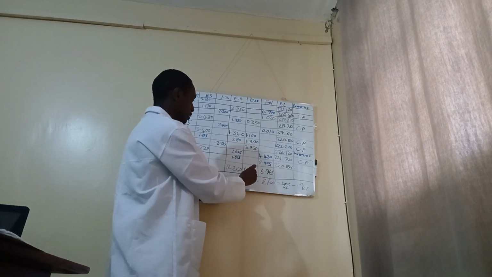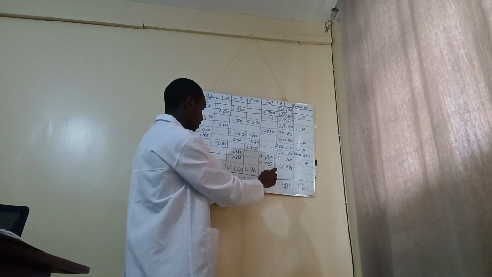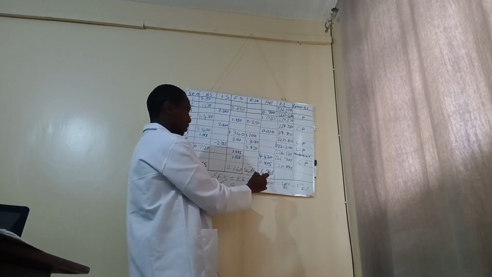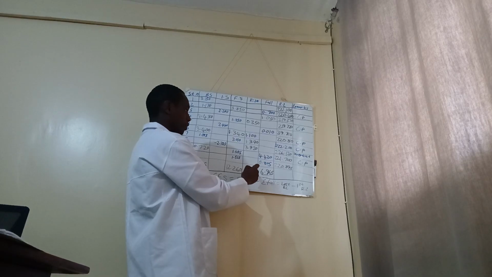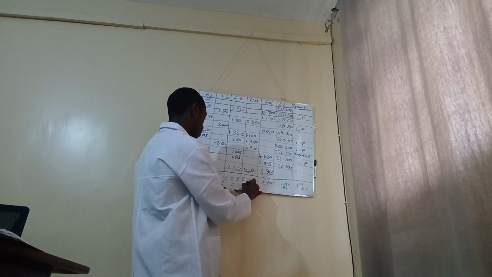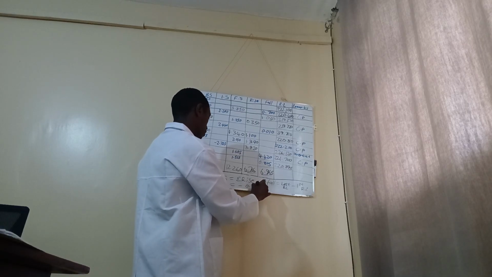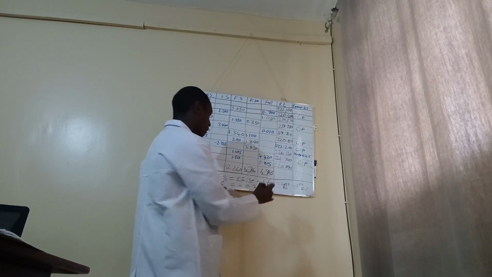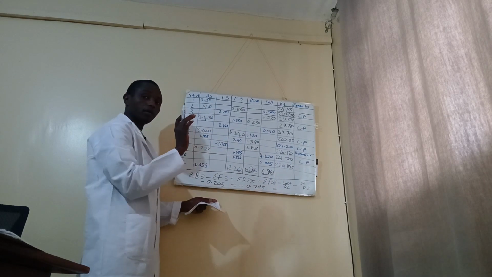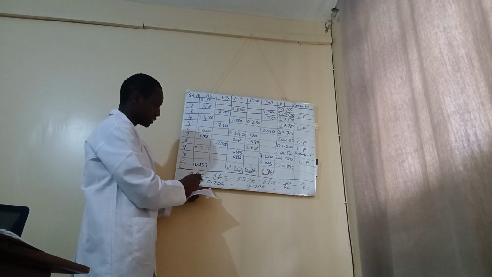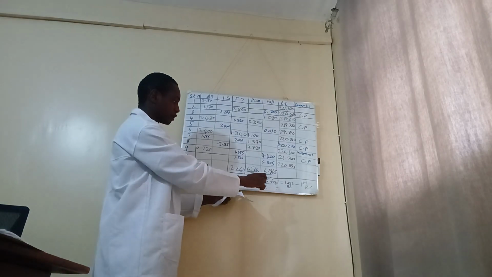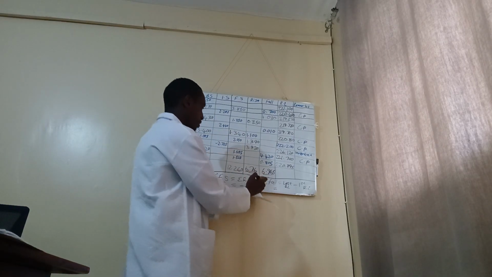The sum of rise is 6.76 minus the sum of fall 6.965, and you get the same value, negative 0.205. So our working is very good, because the difference between the sum of the rise and the sum of fall is the same value, 0.205.